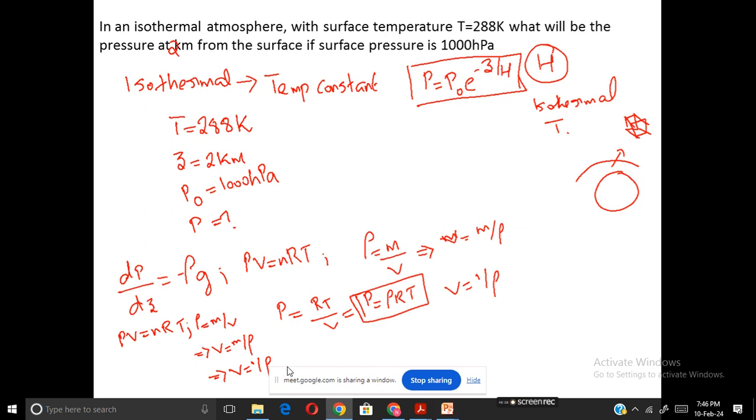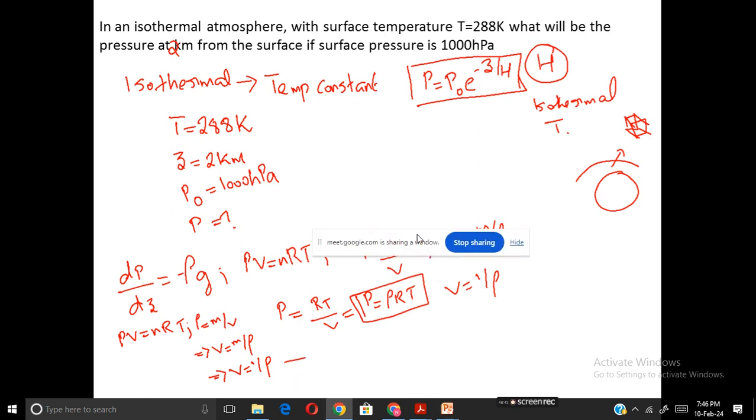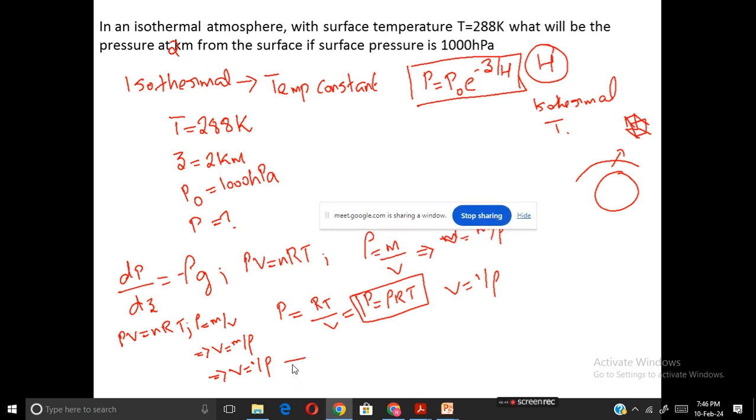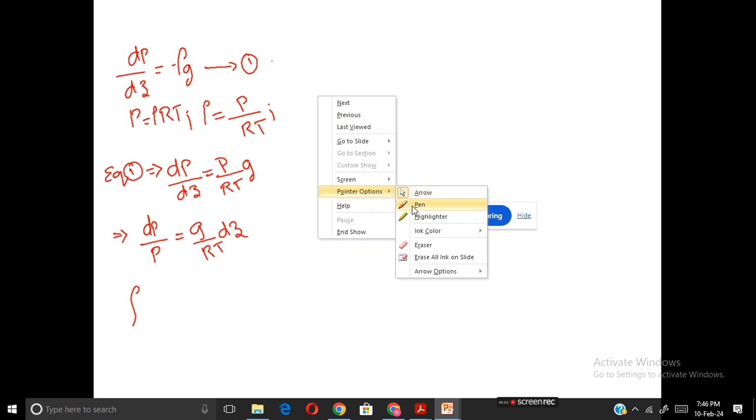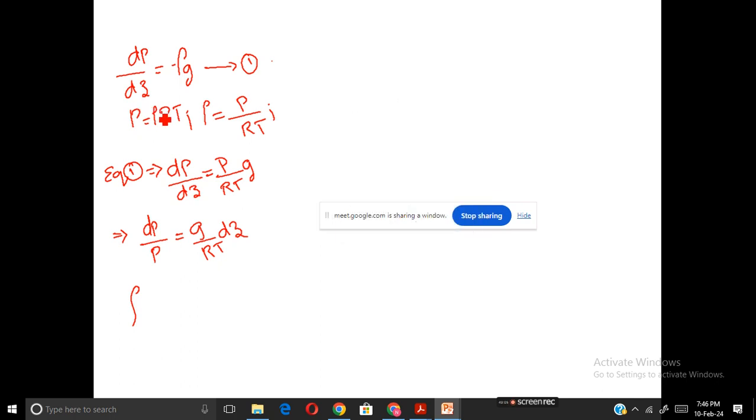After substituting, it gave P is equal to rho R T. So we have these two equations.